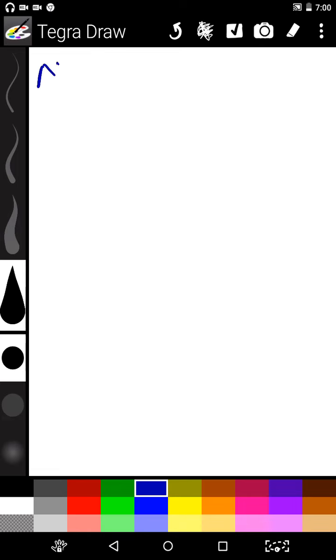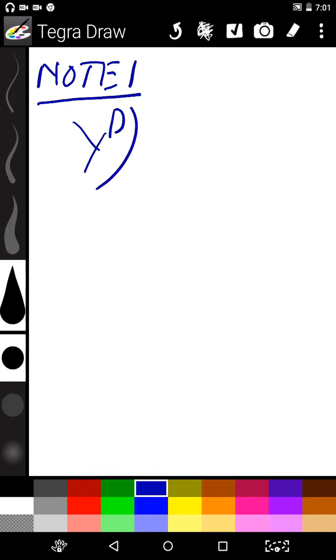Now we will go for some important notes. Note 1: the double dual of an expression gives the original expression.